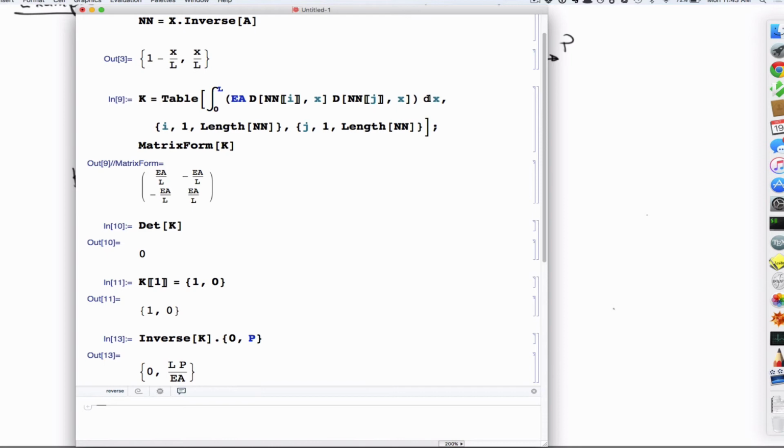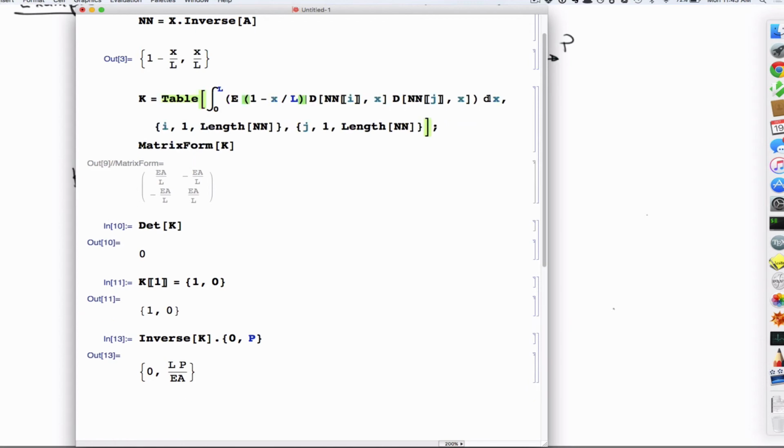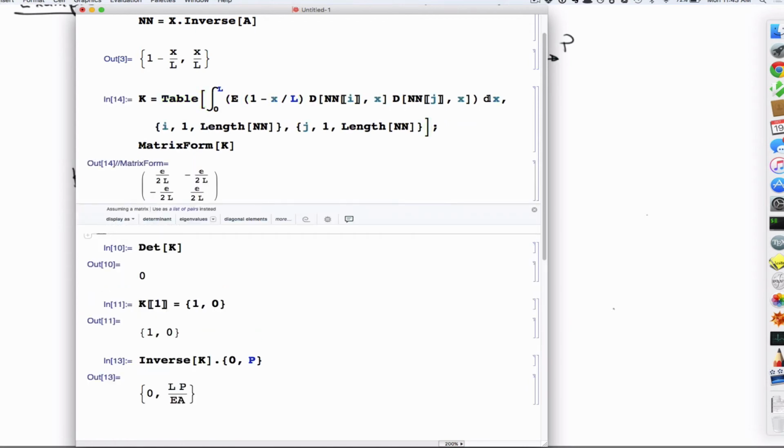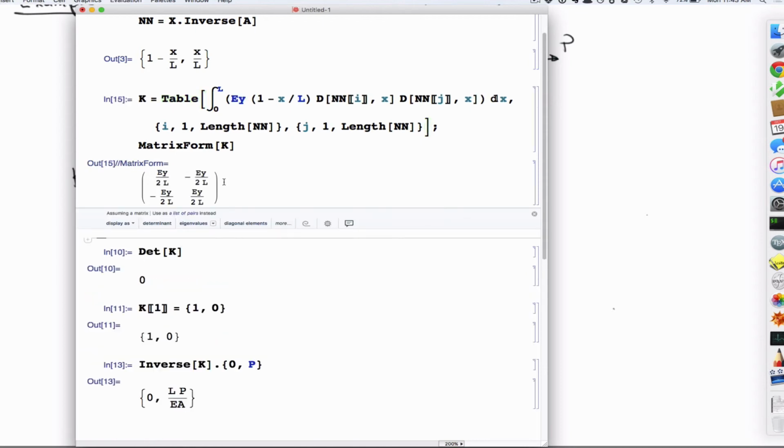But the advantage of doing it this way is that, instead of having just a constant area, I can now have an area that's a function of the length. I guess I need some A0, right?